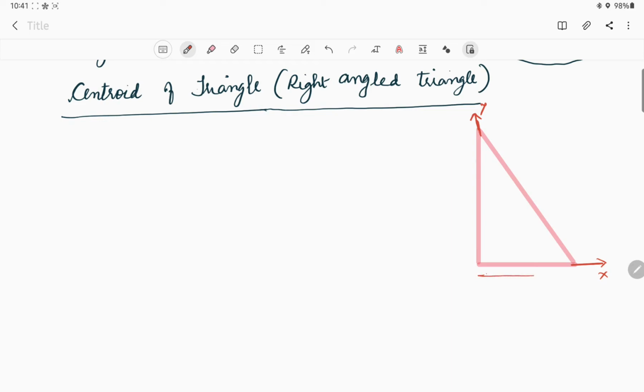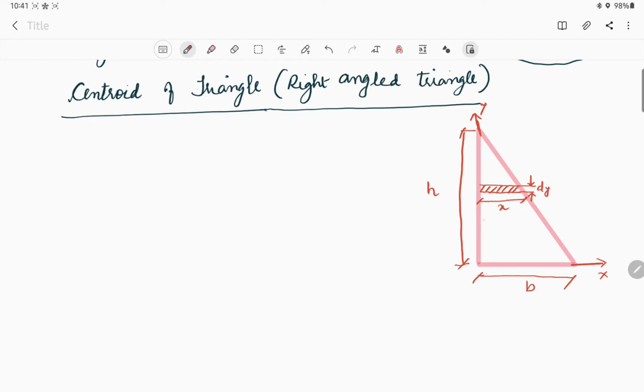The base of this triangle is B, and the height of the triangle is H. Base and height. We consider a horizontal strip here, and this distance we consider as x, and the thickness of this strip we assumed as dy.